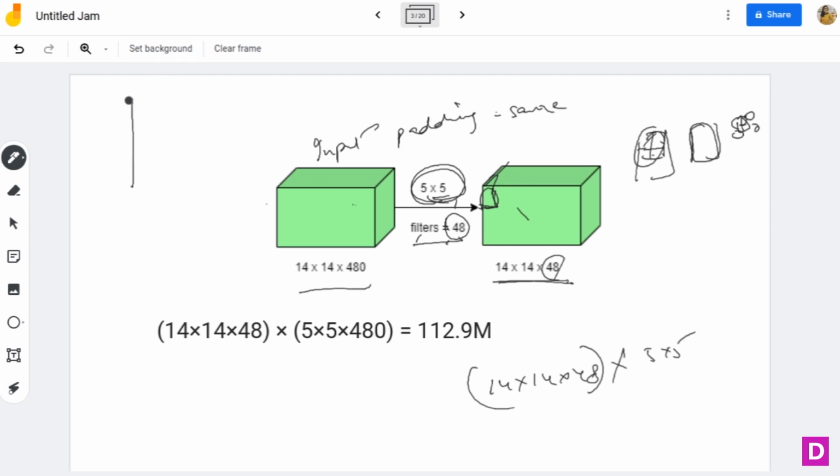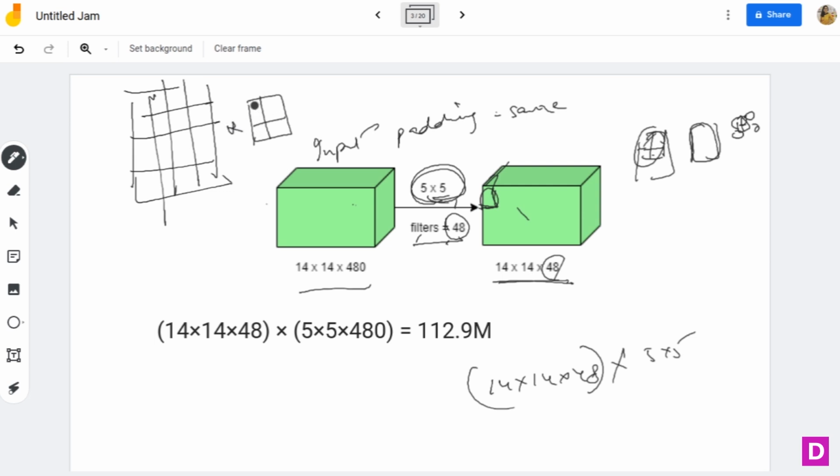If you remember, let me just go back here. Let's say you had something of this sort. You used to place this here, and after multiplying and addition, you would get one value for the first block.